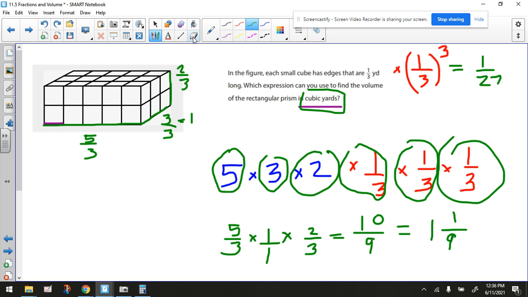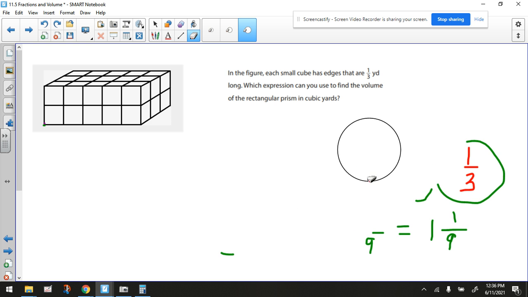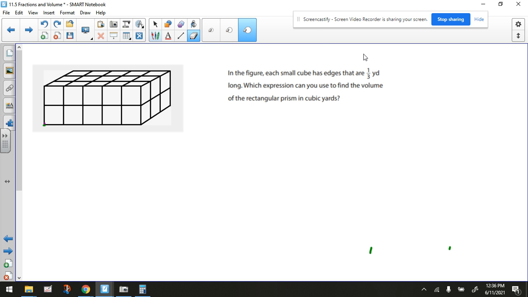Now let's change this same thing up, but let's just replace. What if we change this number, instead of being a third, let's change it to being a half a yard. A half a yard. And let's ask ourselves, what would we be doing differently if instead of it being a third, it was a half? So we would still be dealing with the same cubes going across, right?